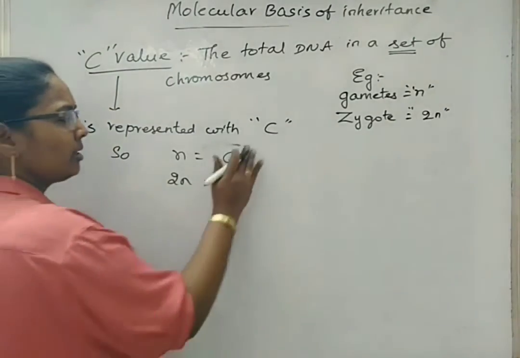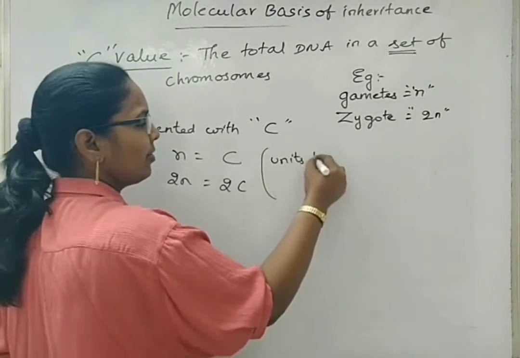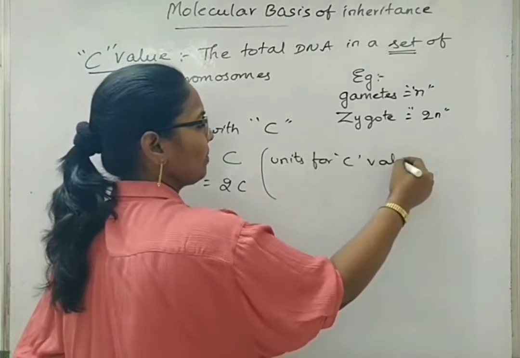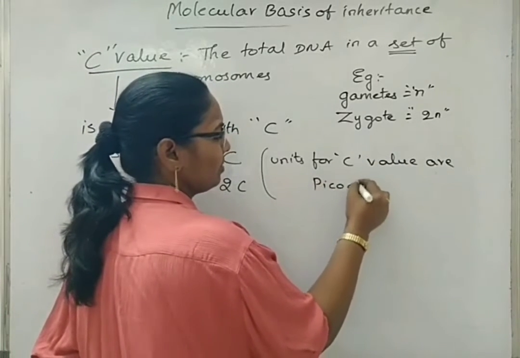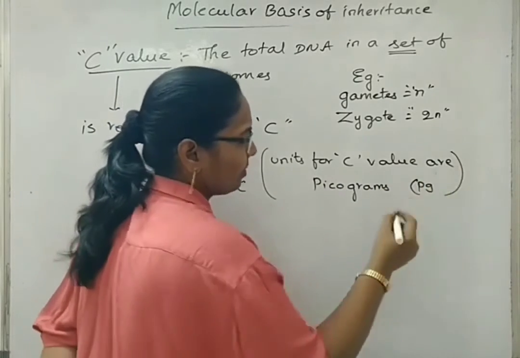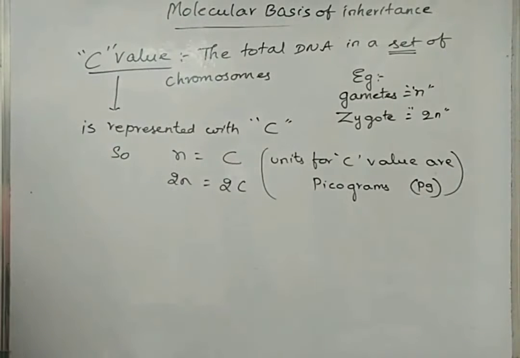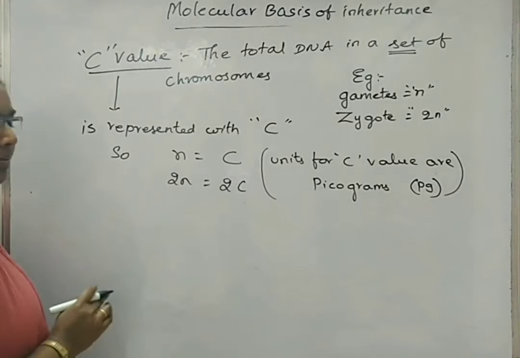Now what are the units to calculate this C value? Units for C value are picograms. We represent with pg. Picograms. Next. This is about C value.